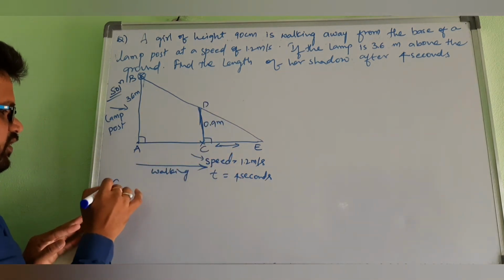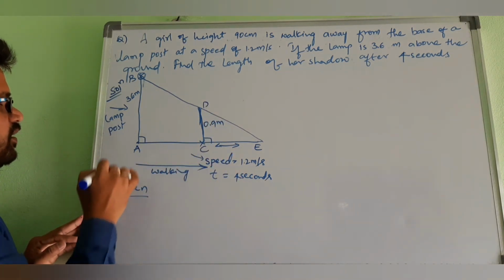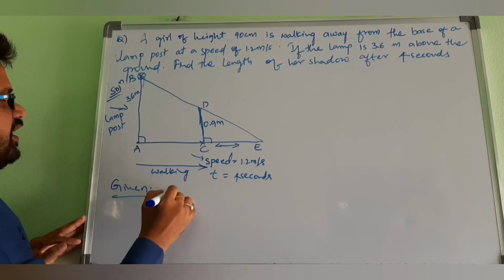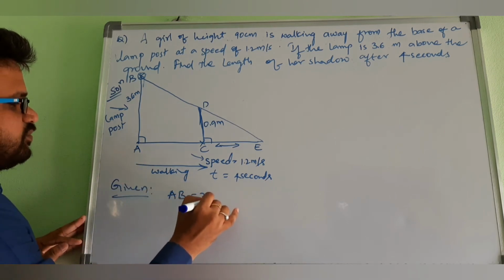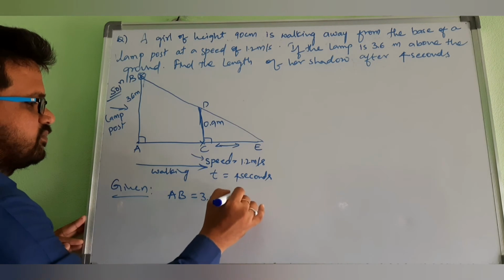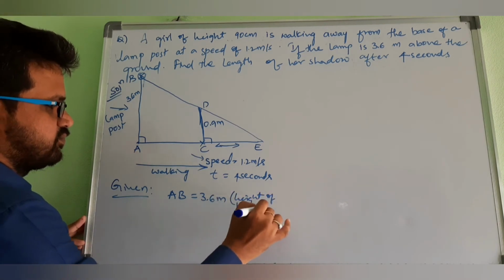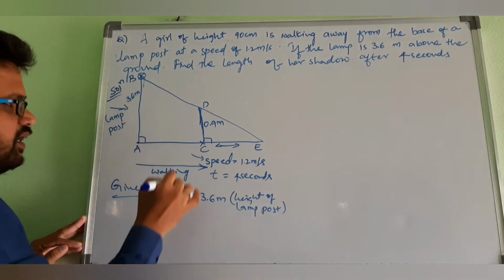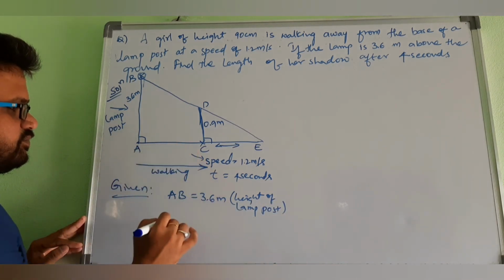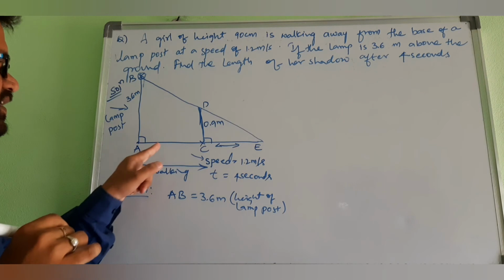First, write your understanding of the given data. AB is 3.6 meters, that is the height of the lamp post. AC we don't know, we have to find the distance AC.